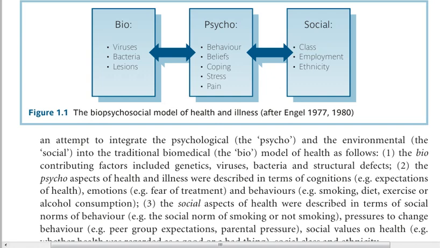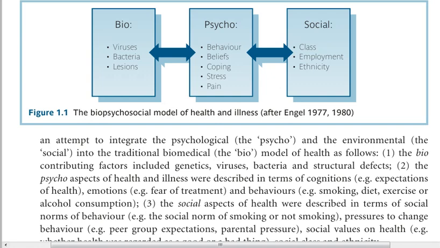The second, the psycho aspects of health and illness were described in terms of cognitions, e.g., expectations of health, emotions, e.g., fear of treatment, and behaviors, e.g., smoking, diet, exercise, or alcohol consumption.